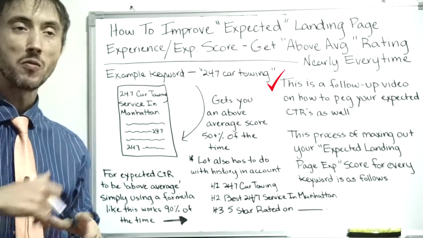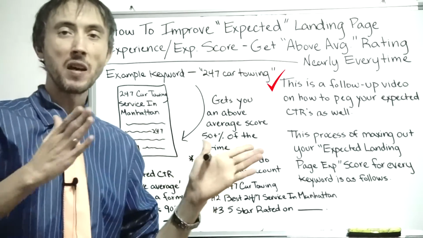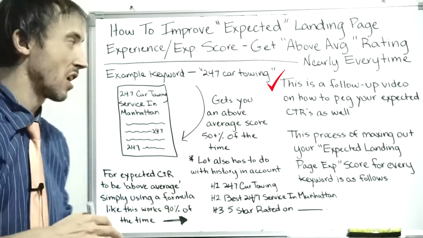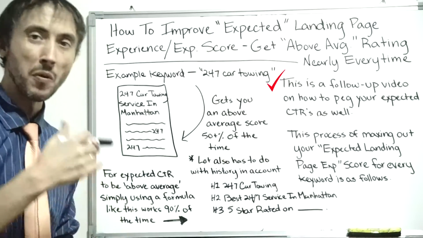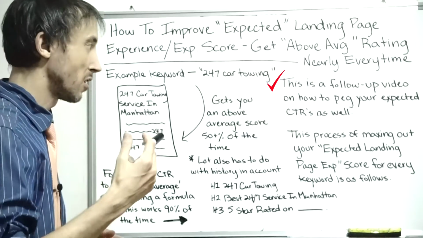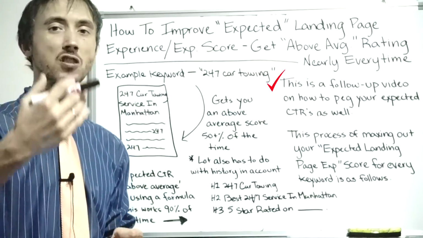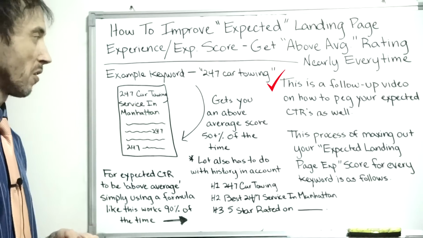It's the video I posted right before this, about the expected click-through rate and how to get that to be as high as you can. And on that video I said I would follow up on how to get the expected landing page experience as high as you can, which is what we're doing here on this video as a result.